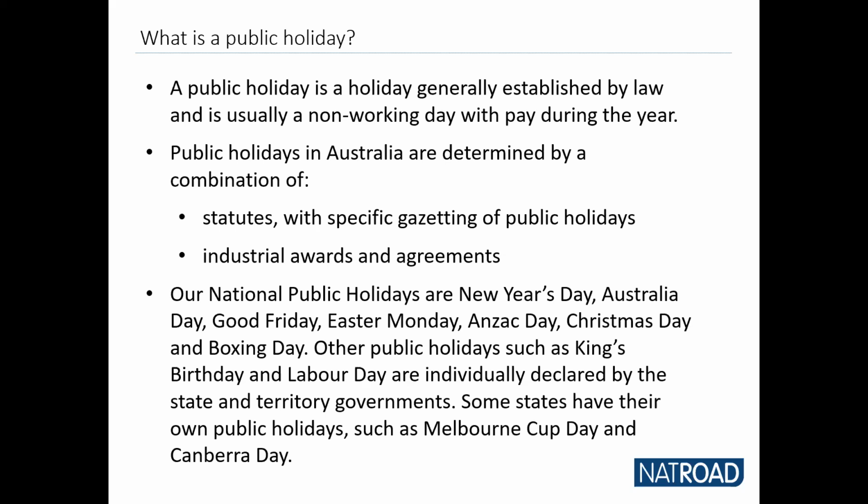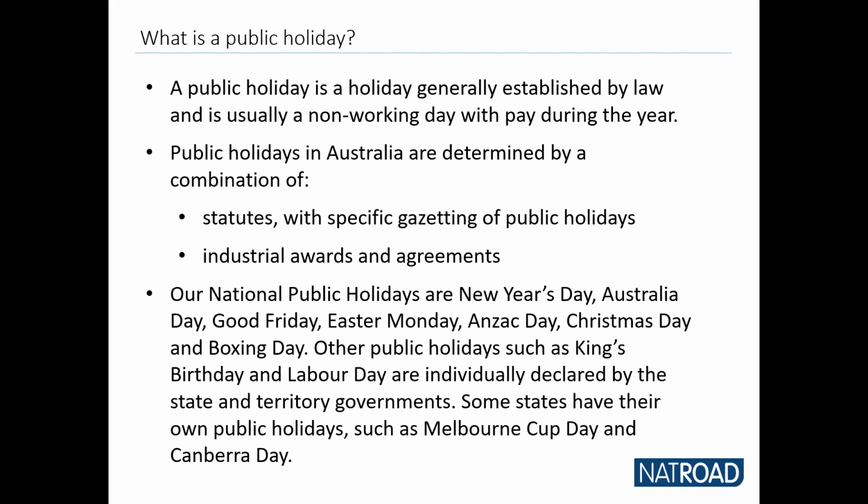Public holidays in Australia are determined by a combination of a couple of things. Firstly, the statutes with specific gazetting of public holidays, generally through state and territory legislation, and also industrial awards and agreements. We have quite a few national public holidays that are recognised.